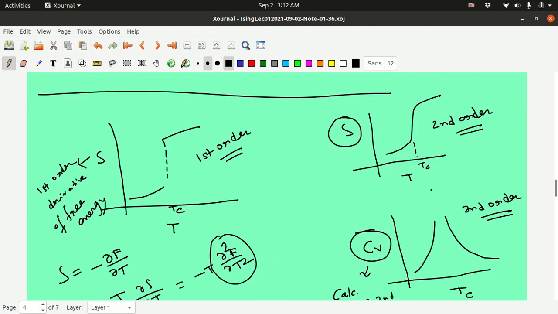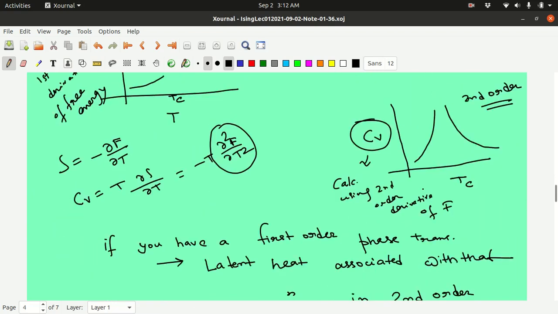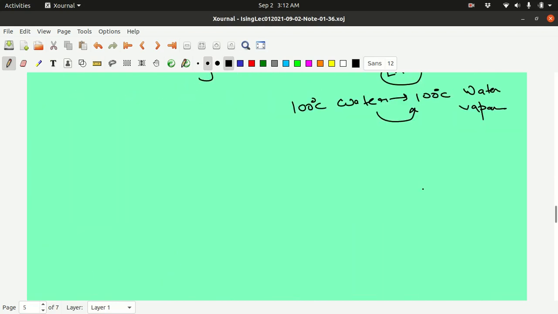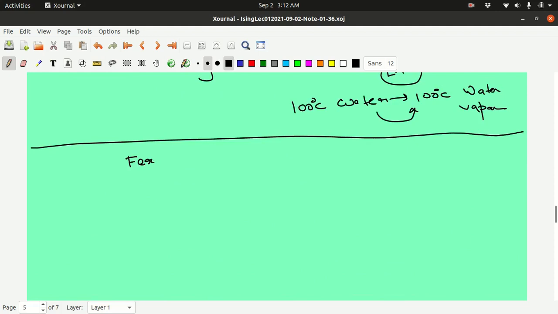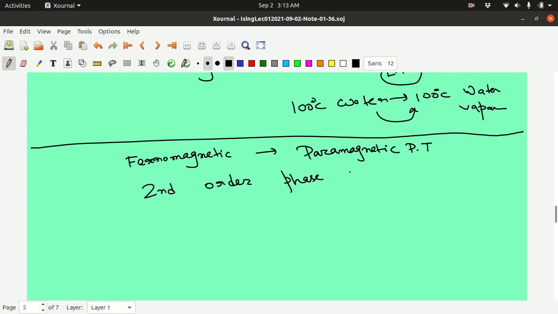So this is all about the phase transition, order parameter, and phase. And now what I will next talk about is one particular phase transition, which is the ferromagnetic to paramagnetic phase transition, and this is basically a second order phase transition, because you know already the definition of phase transition, and that behavior is shown by this transition.